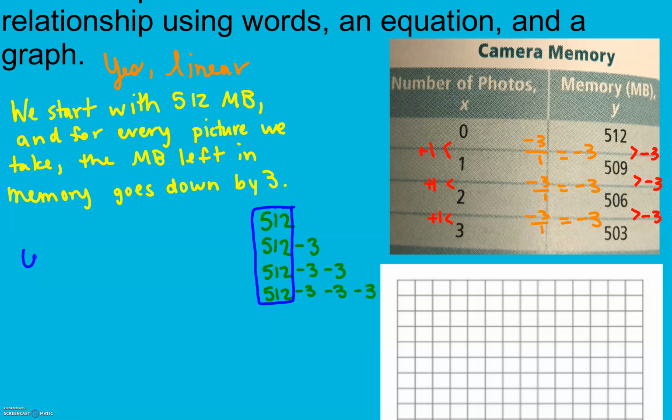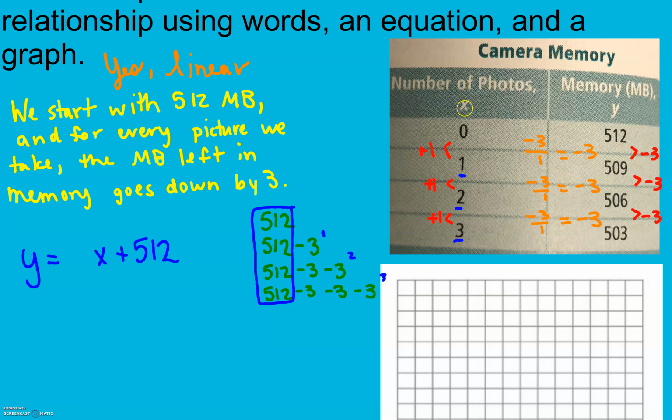So remember, our memory is Y, that's our output. X is our number of pictures, that's our input. And here we have 512, so I'm going to add 512. And what's changing every time is we subtract 3. So for 1 picture, we subtracted it 1 time. For 2 pictures, we subtracted it twice. For 3 pictures, we subtracted it 3 times.